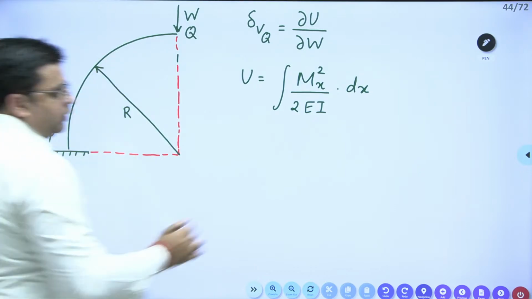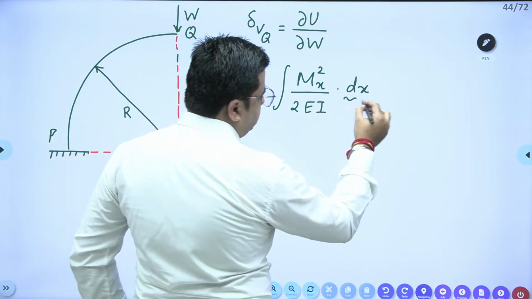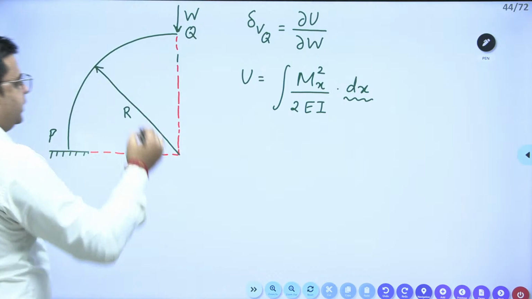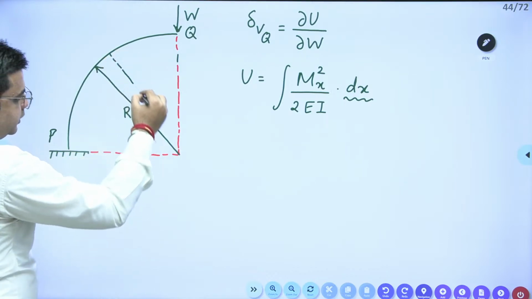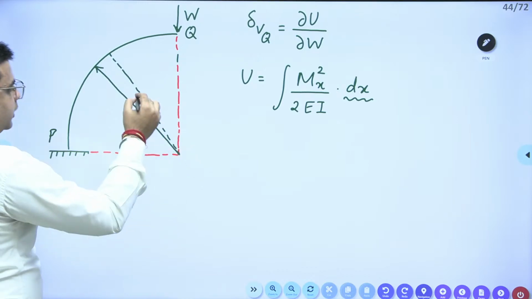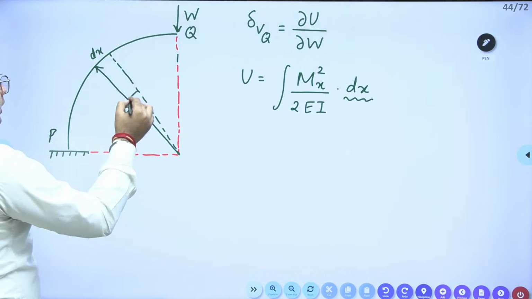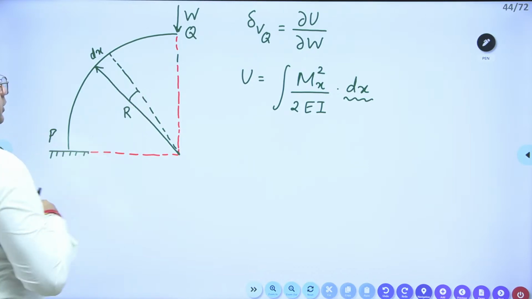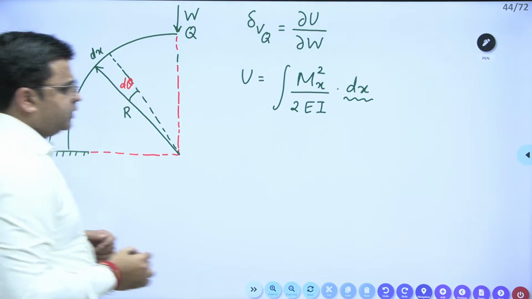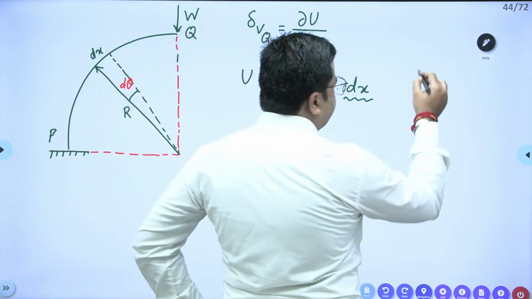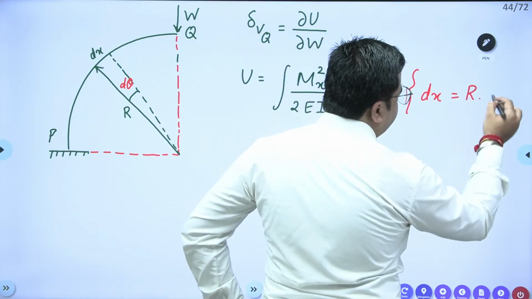To initiate the integration, this dx, with this angle d theta, can be written as r into d theta.